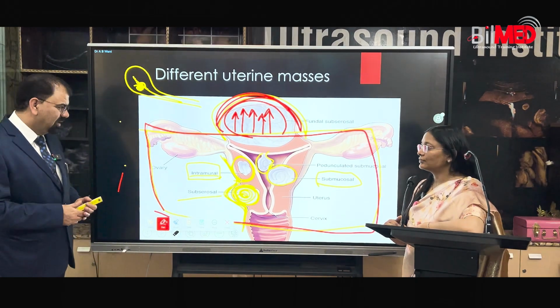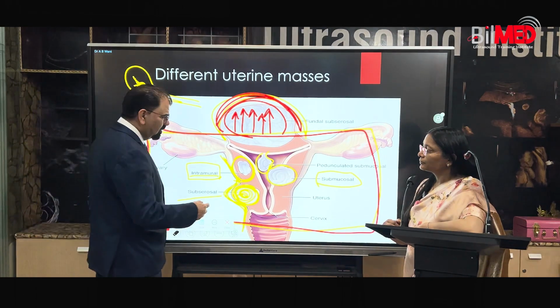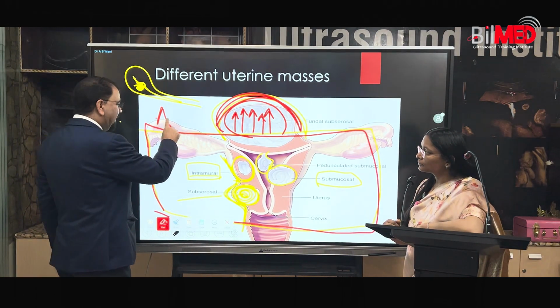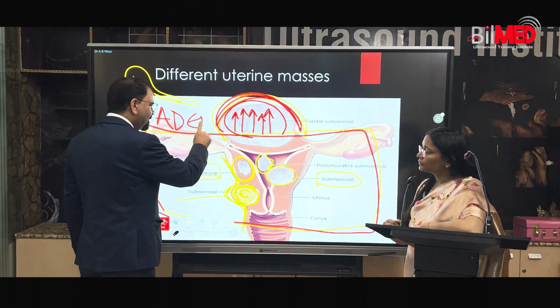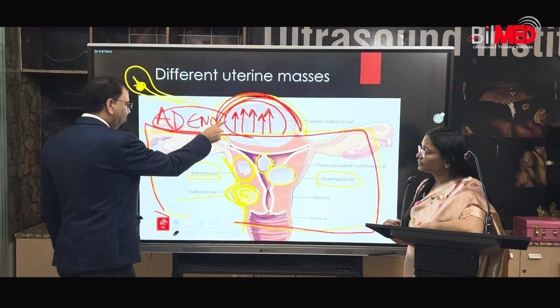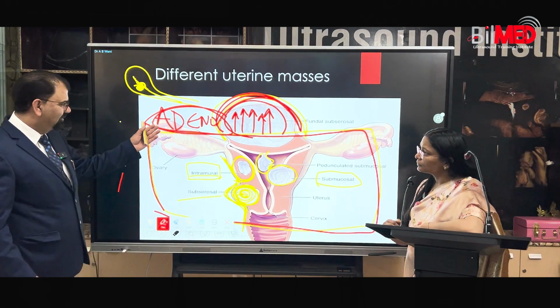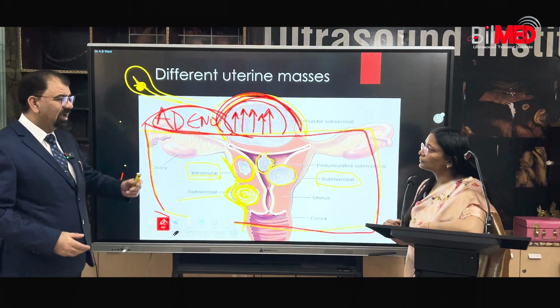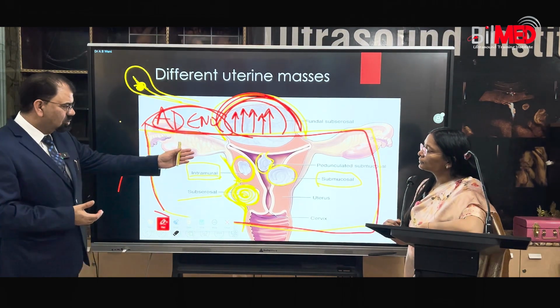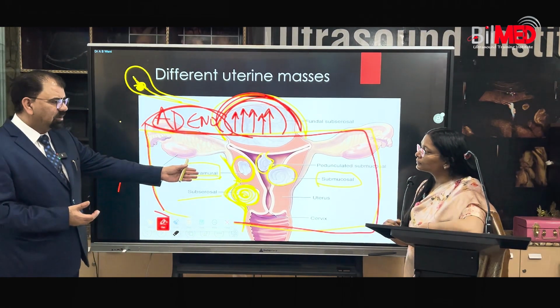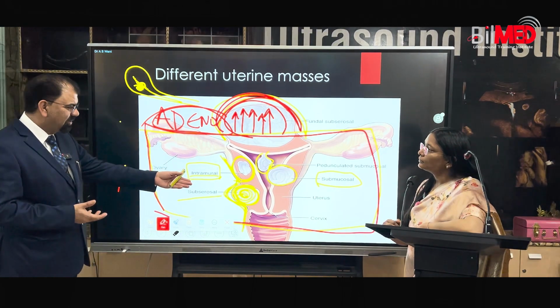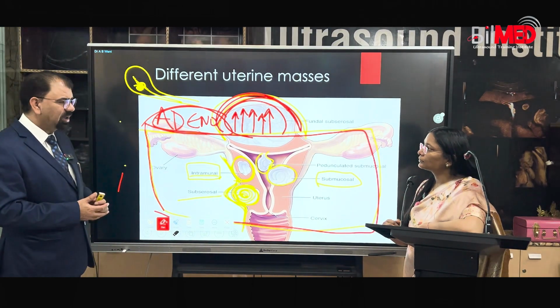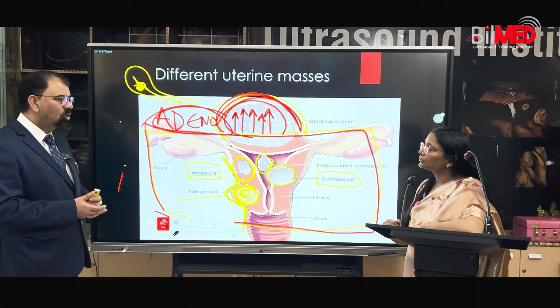Common masses, yeah. Now plus two, we can have endometriotic patch. Now we have to differentiate whether I am dealing with an endometriotic patch or a fibroid. So endometriosis also will be, there will be some patches in the myometrium, which will be some endometriotic patches.